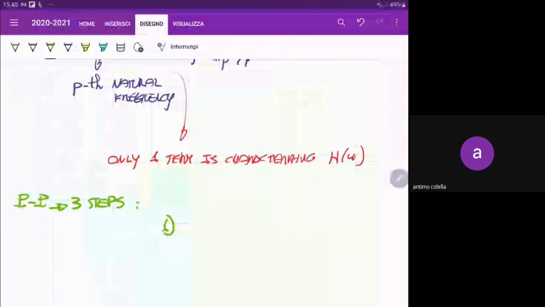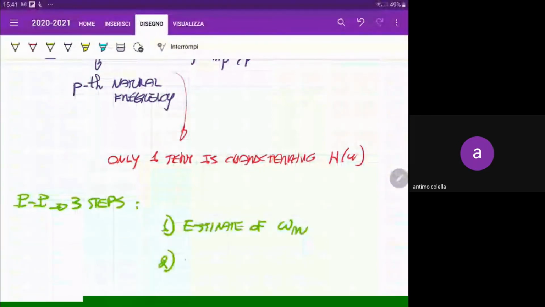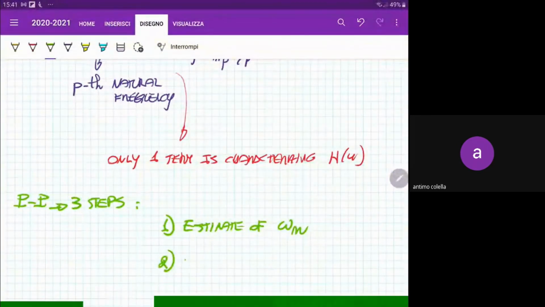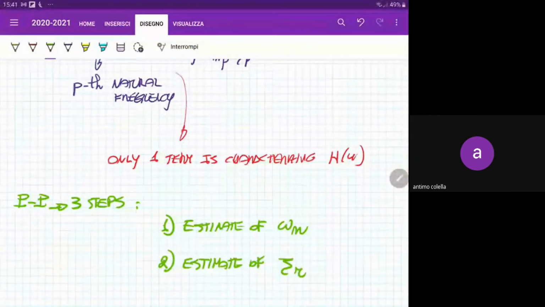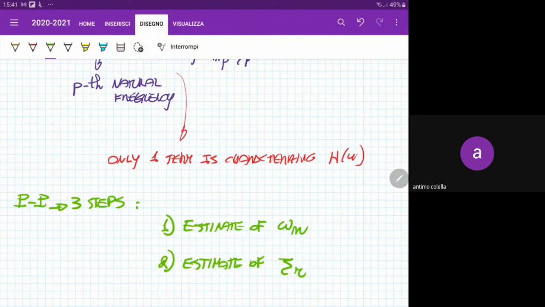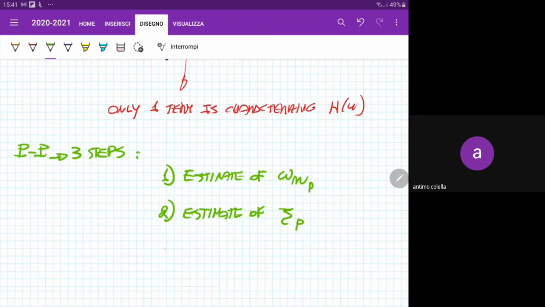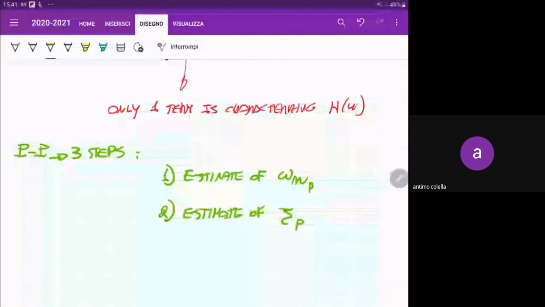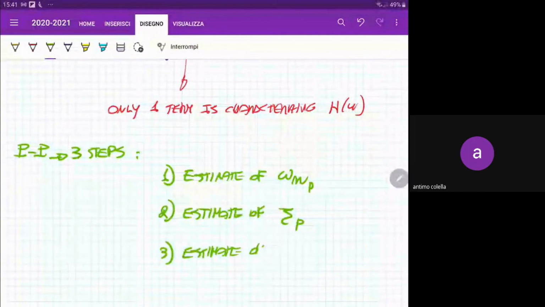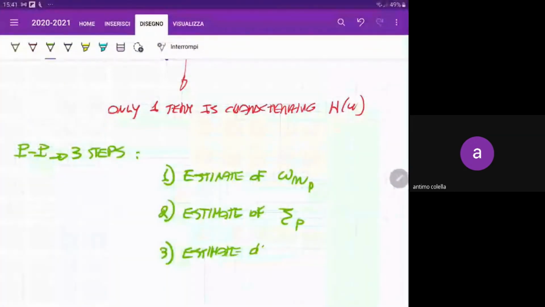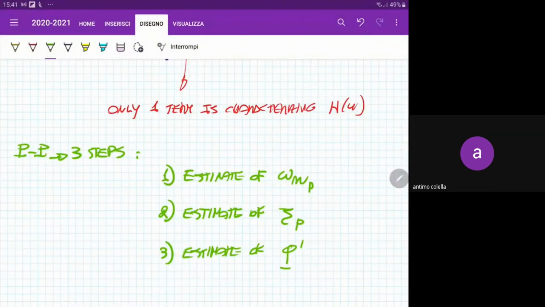The second one is the estimate of the damping ratio corresponding to the natural frequency. And the third step is the estimate of the eigenvector, the pth eigenvector.